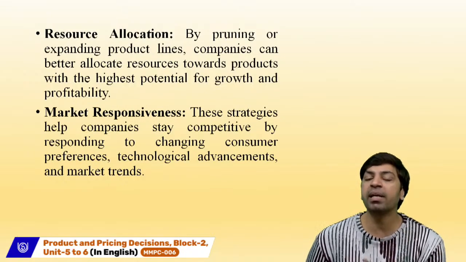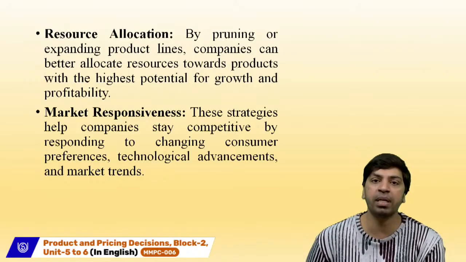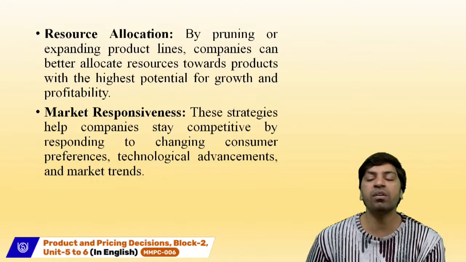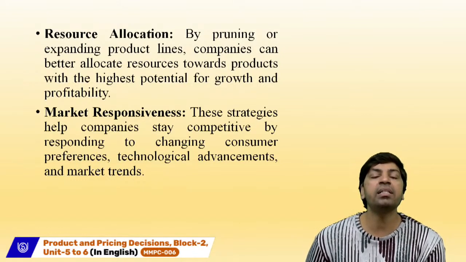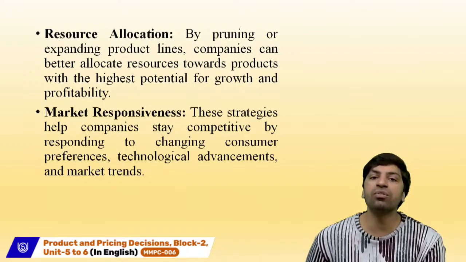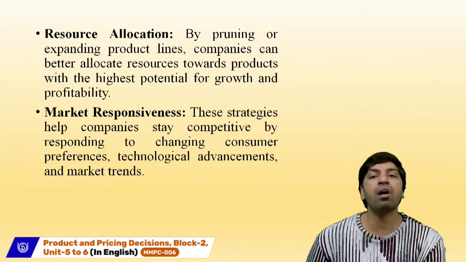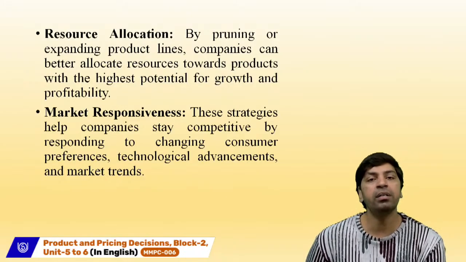It could be managed when there is a good response from the market to the company. These strategies, covering length, width, depth and consistency, also help the company to stay in a competitive environment. Accordingly they can respond to changing consumer preferences, technological advancement and market trends.